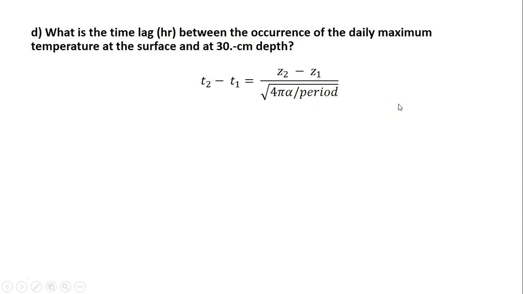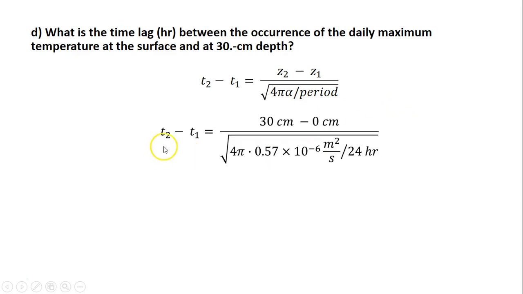So if we plug in the values that were given, we don't know the time lag. This is what we want to solve for. We know that the deeper soil depth, Z2, is 30 centimeters, and we know that the other depth, Z1, is the soil surface, or 0 centimeters. We plug in the soil thermal diffusivity that we were given, and we divide that by the period, which is 24 hours.